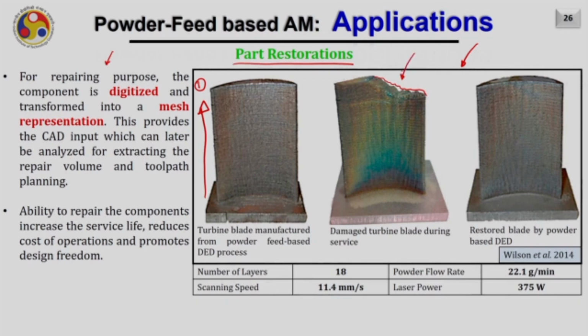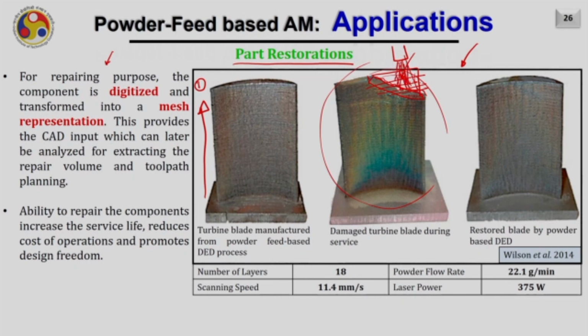So, the idea is that we scan the whole thing and identify the region where the repair is required. Then, if this is the volume required for the repair, we consider only this volume, slice it and obtain the tool path. Then we bring this part to the DED machine where there will be a deposition gun, and it will start depositing the material only in this local area.